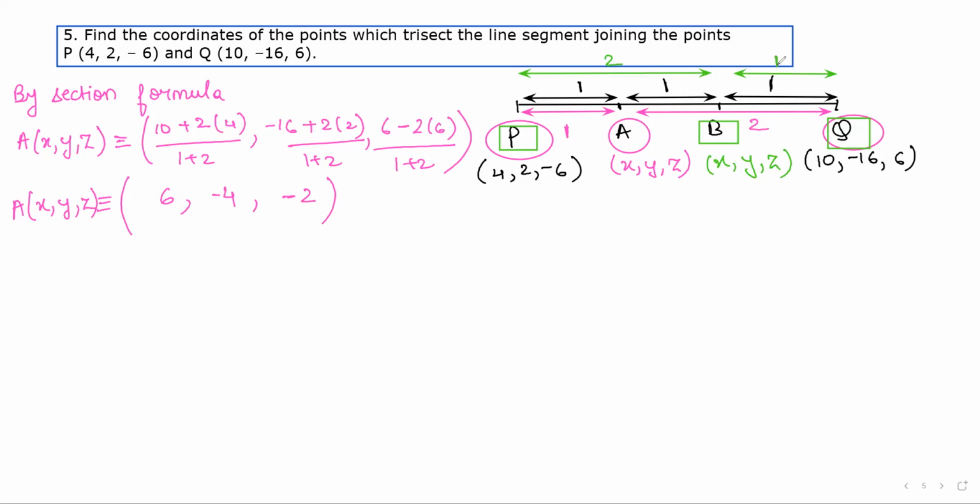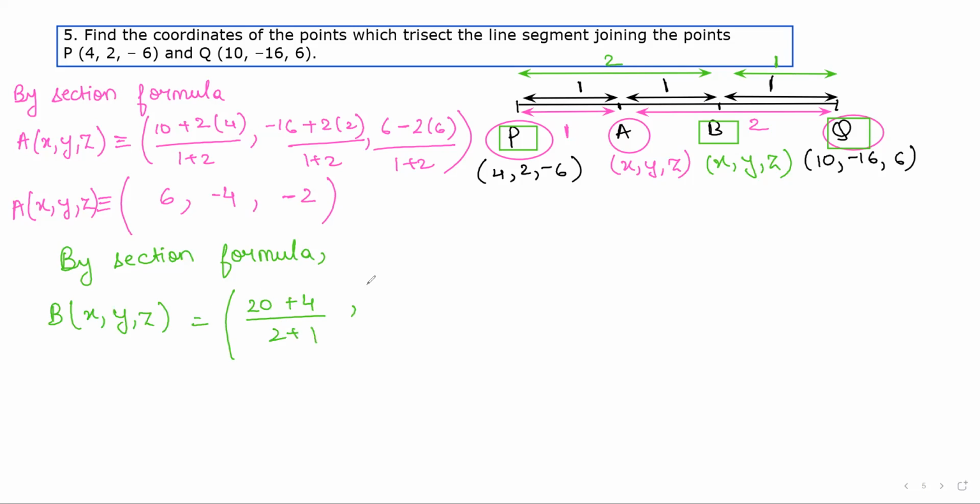Again, using the section formula, B (x, y, z) will be equivalent to (2 into 10 plus 1 into 4) upon (2 plus 1), then (2 into minus 16 plus 1 into 2) upon (2 plus 1), and (2 into 6 plus 1 into minus 6) upon (2 plus 1).